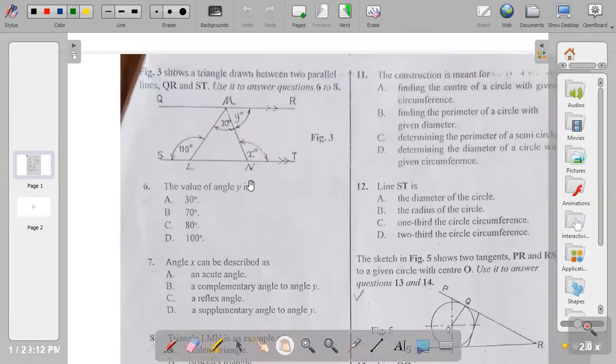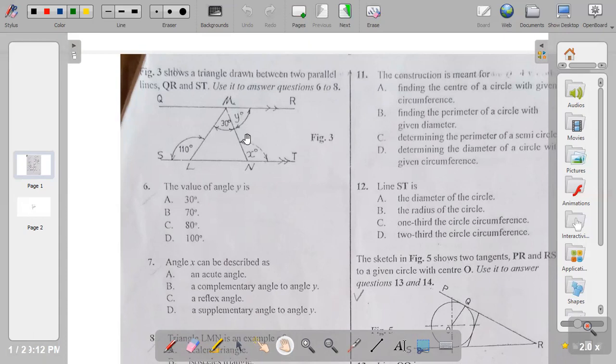Figure 3 shows a triangle drawn between two parallel lines, QR and ST. Use it to answer questions 6 to 8. Now let's see question 6. The value of angle Y is what? 30, 70, 80, and 100. So where is Y? Y is located here.